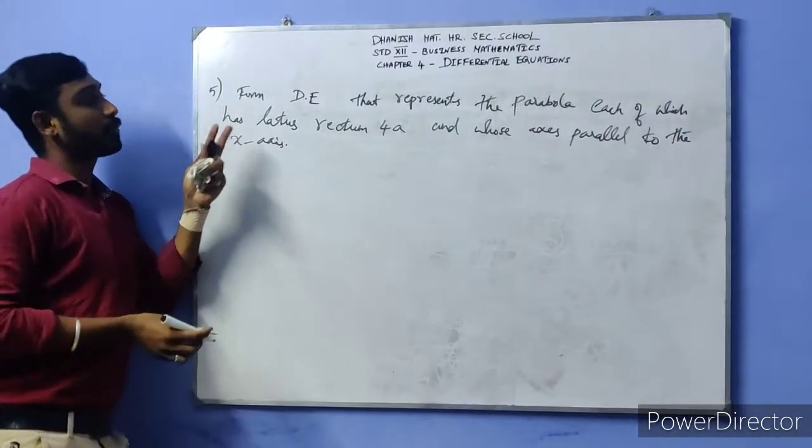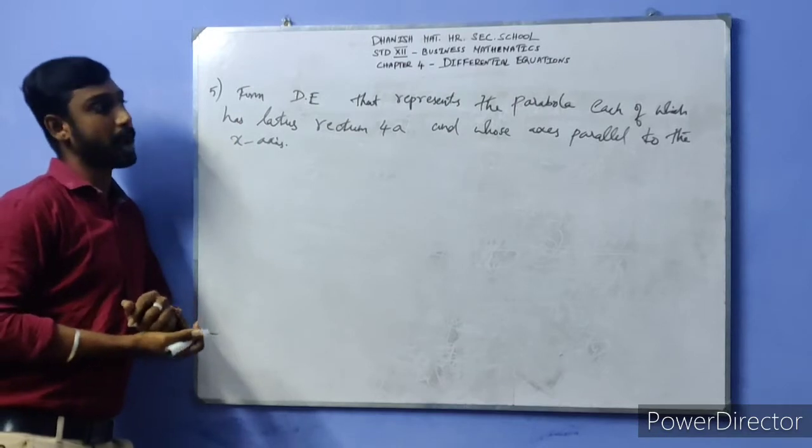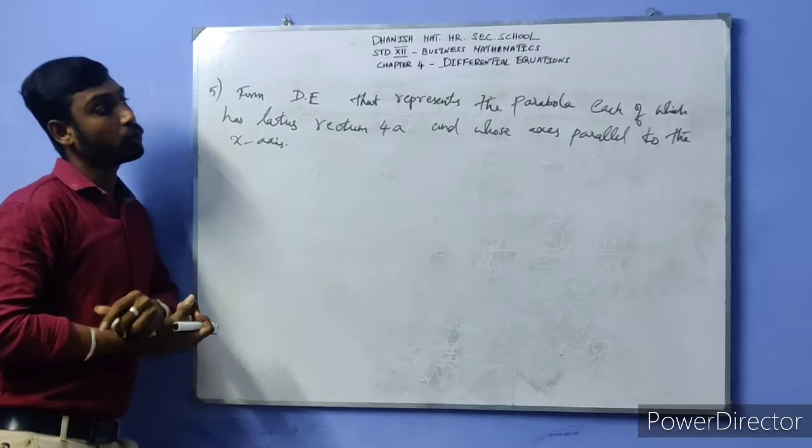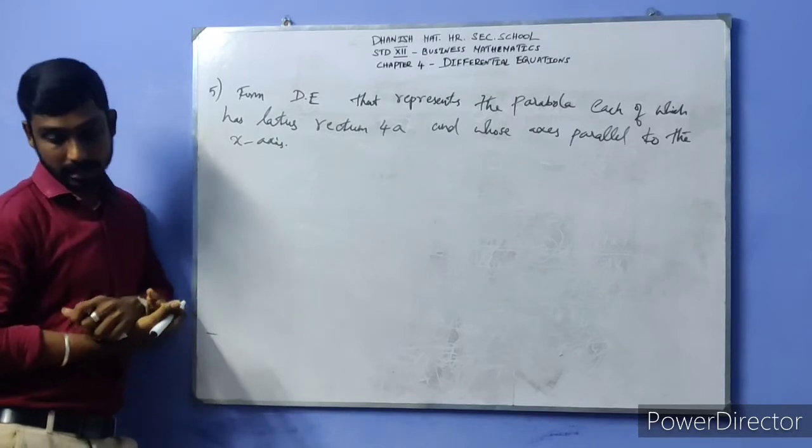So what is the question given here? Form the differential equation that represents the parabolas each of which has latus rectum 4a and whose axis is parallel to the x-axis. What is the equation?